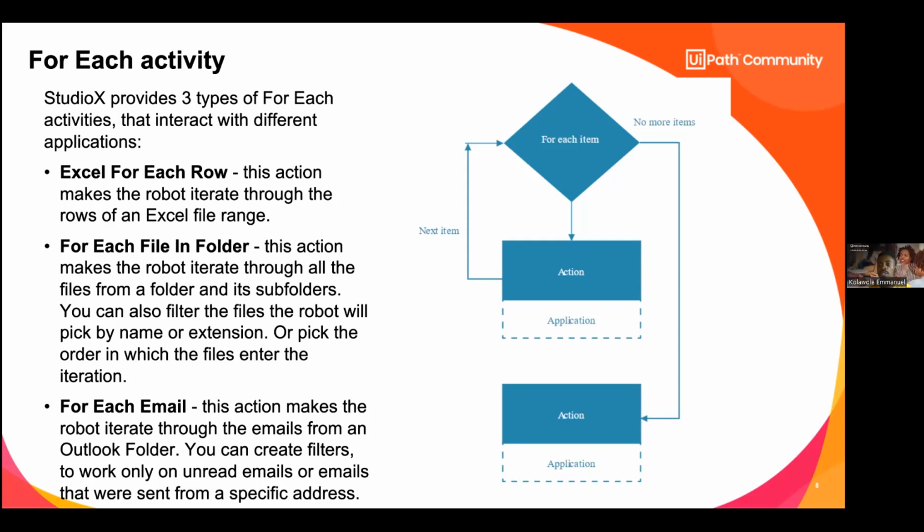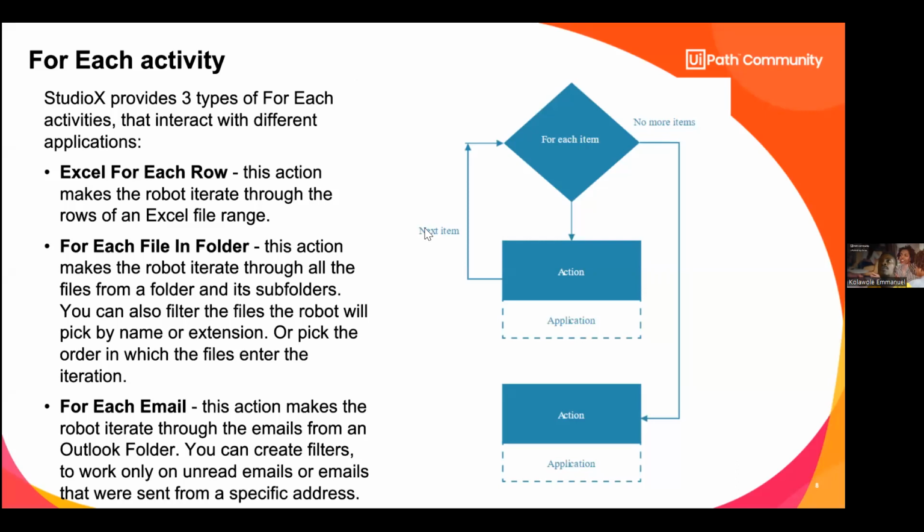So the bot goes to the folder, picks the first file, and performs what you've instructed it to do. When it's done with that, it goes to the next file in the same folder, performs what you've asked, goes to the third file, until it's done running the files. Let's take an instance where you can apply this.